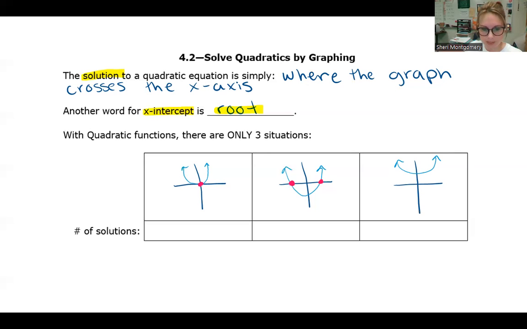So remember, this is the x-axis. Jocelyn's right, none. It doesn't cross at all. So the number of solutions for the first one, there's one solution. For the second one, there are two solutions. And for the last one, there are no solutions. And remember, we have this symbol for no solution. It's an empty set, no solution.